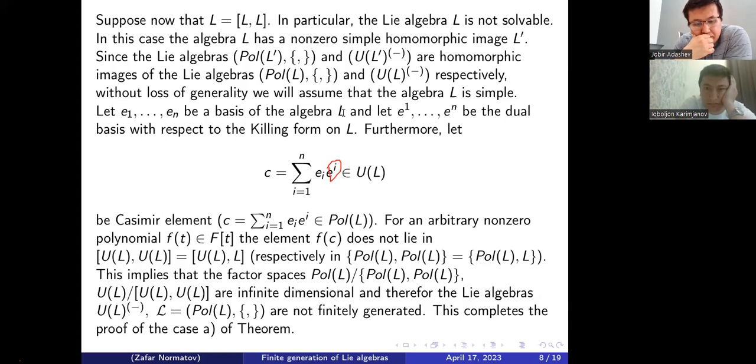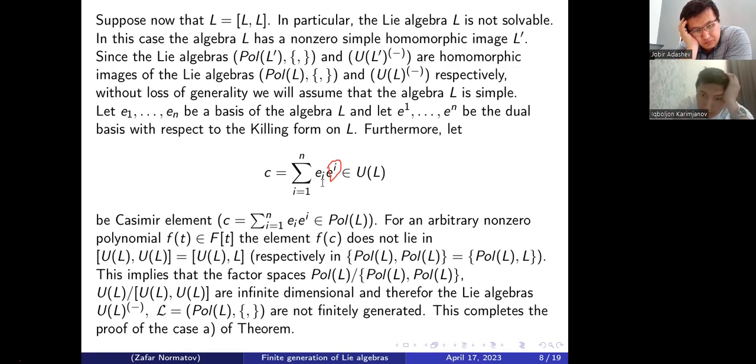So the dual basis has some basis elements, many bases maybe. So they want to choose this basis with respect to the Killing form. This means they want to make this element being the Casimir element.